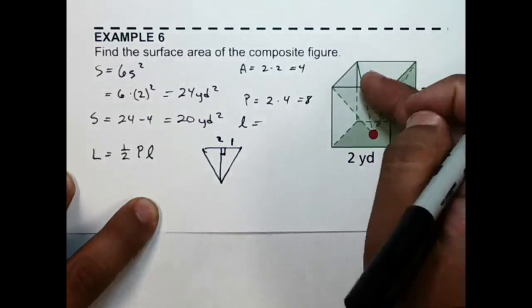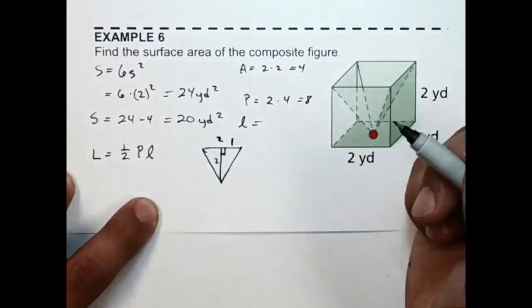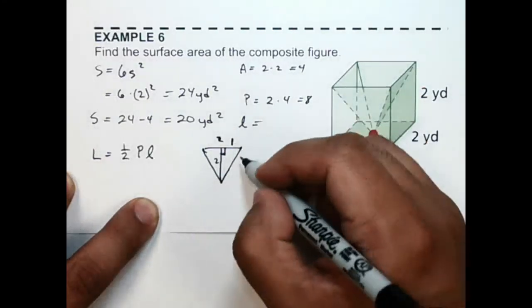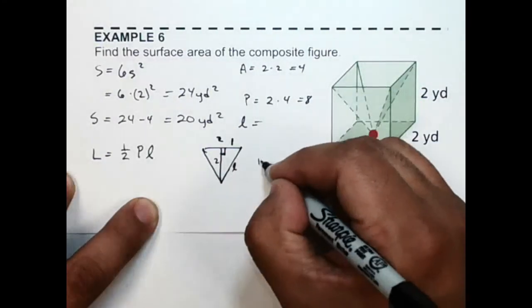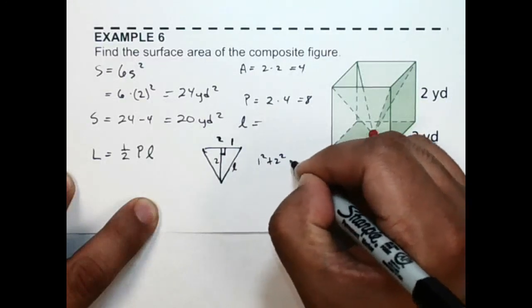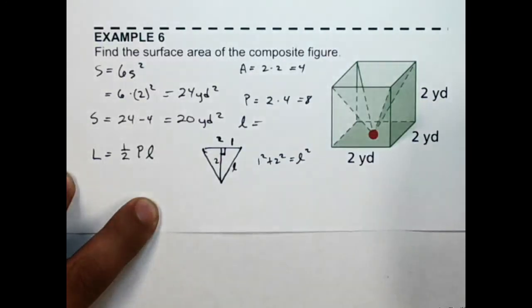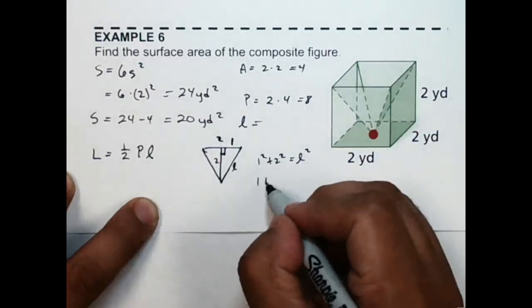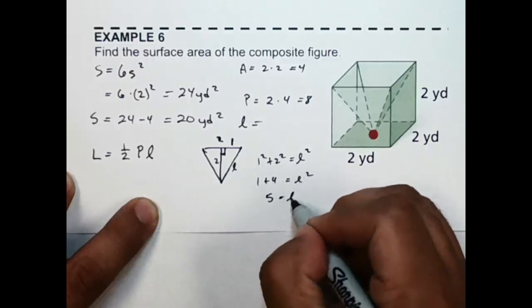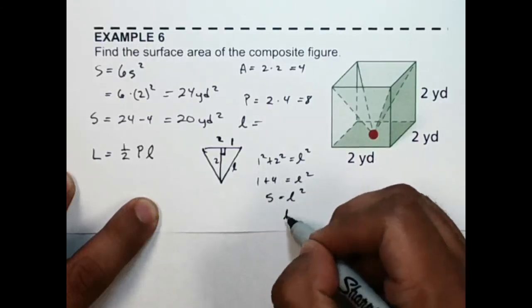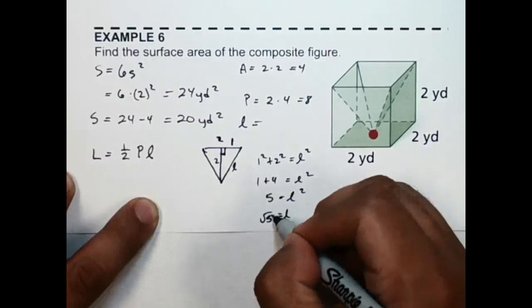And because it's a cube, I know that this height right here is 2. So I can use this to find my slant height. I'm going to use the Pythagorean theorem: 1 squared plus 2 squared is equal to my slant height squared. So it's 1 plus 4, and that's 5. So my slant height is equal to the square root of 5.